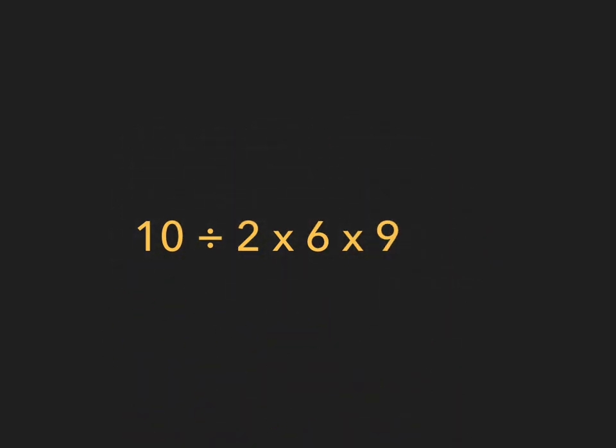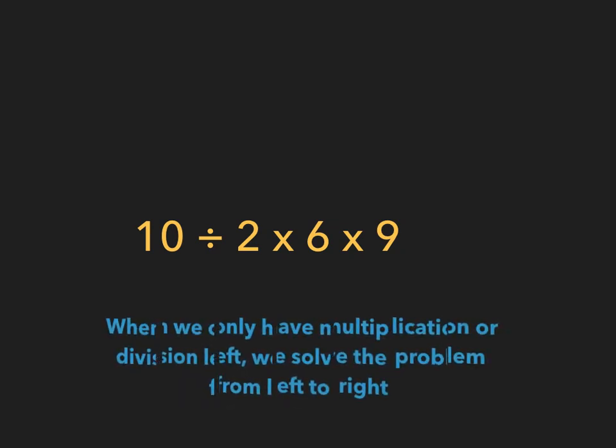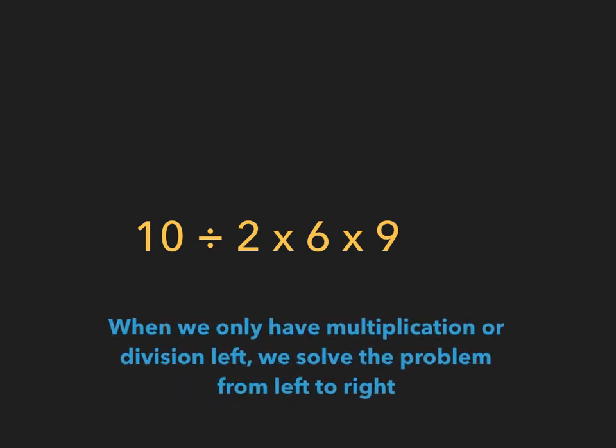Much like addition and subtraction, when we only have multiplication or division left in a problem, I can now solve this problem from left to right. I do not have to start with the multiplication. I can start with multiplication or I can start with division, whichever one comes first.